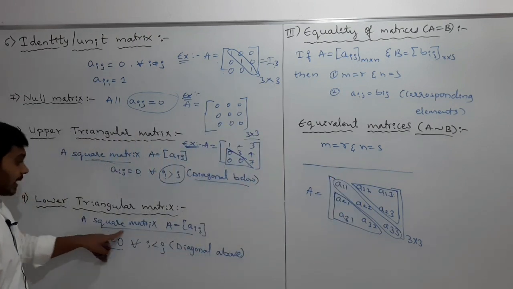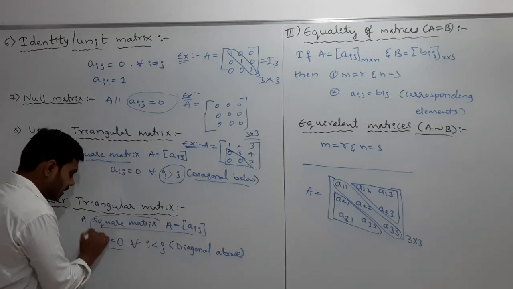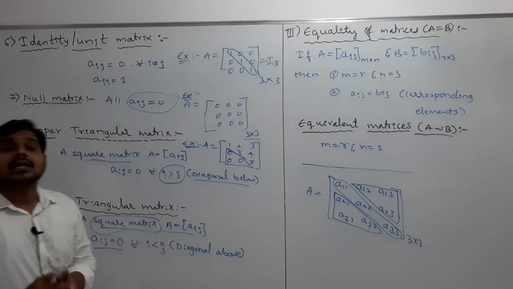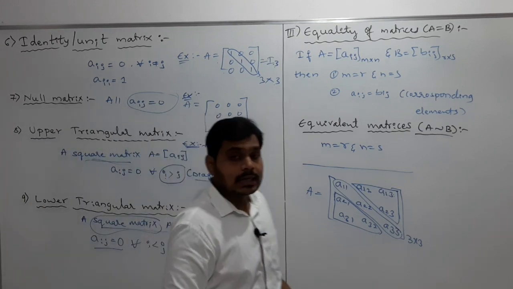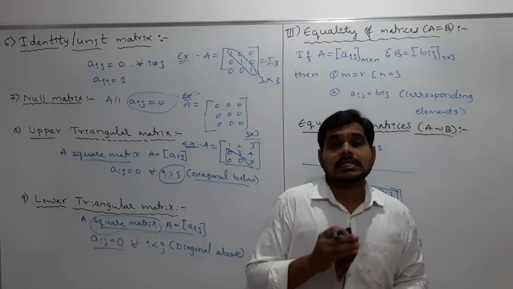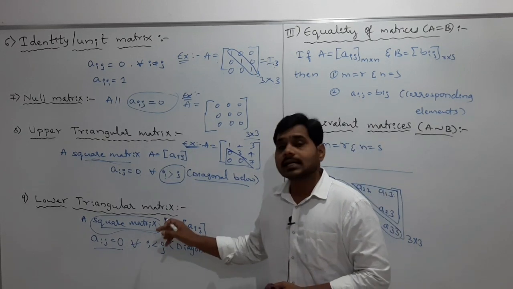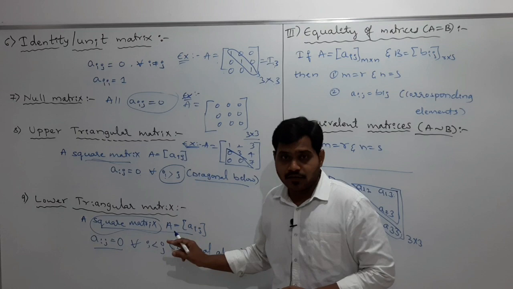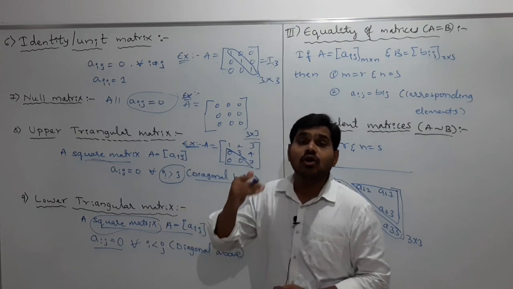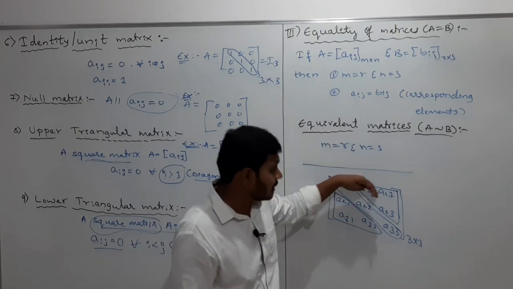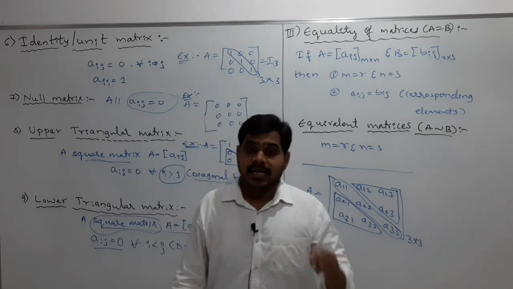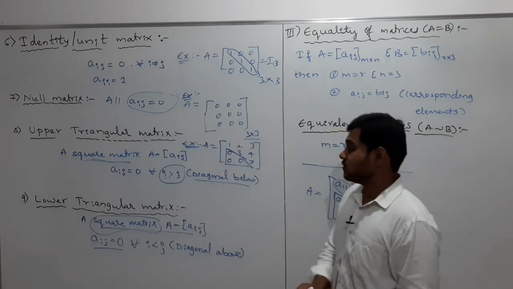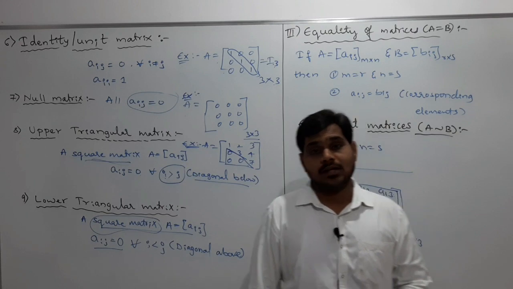Always remember, we are talking about all this under square matrices. So a square matrix is said to be a lower triangular matrix if all the elements above the principal diagonal are 0.